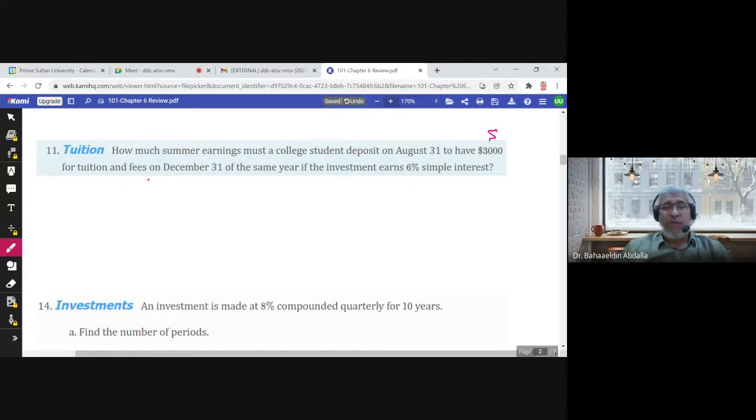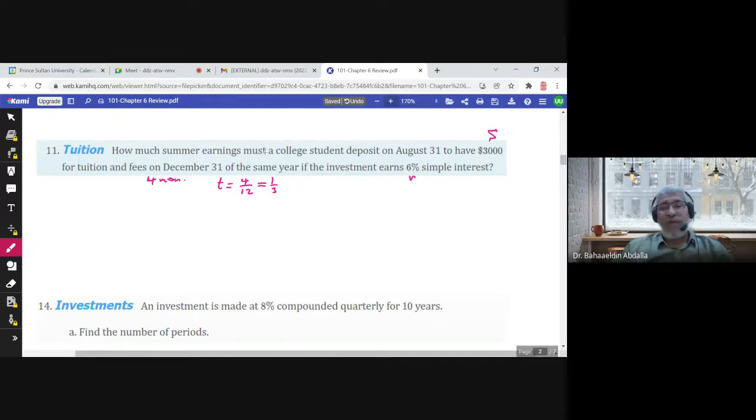So let us write 4 months. If the investment earns 6% simple interest, so this is R, and T here would be 4 months over 12, because if you remember, T has to be in years. So it's 1 over 3.